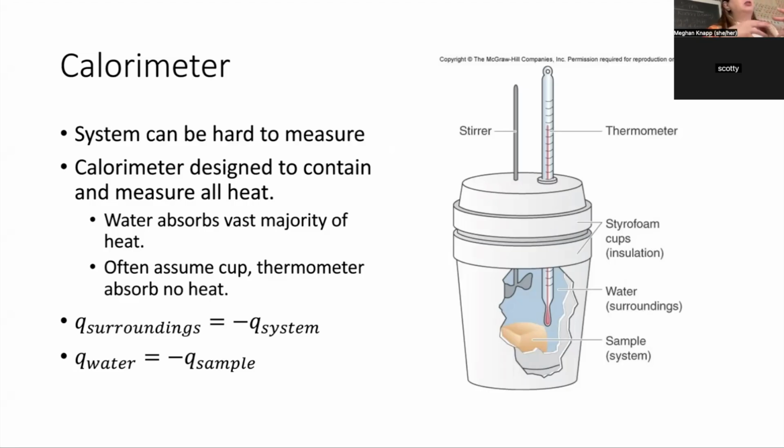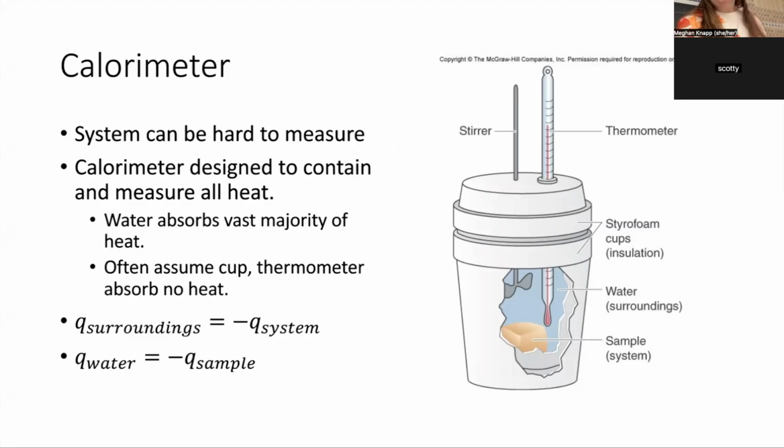The acid molecules and the base molecules are going to get together and do the reaction, but there's also going to be water there. So even though they're all mixed together, the system is the molecules doing the reaction, the acid and the base. The surroundings is the water. You're measuring the temperature change in the water. Most of what's happening is a lot fewer molecules of the acid and the base.